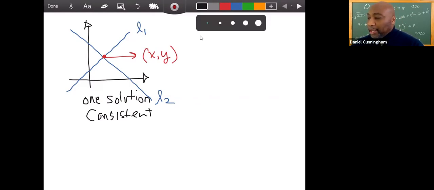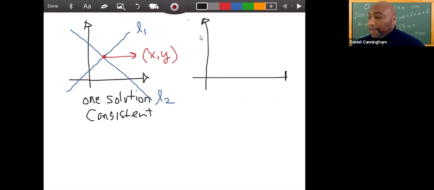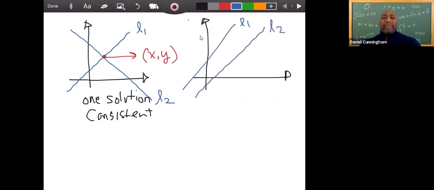The other thing that can happen is you can graph a line, let's call it L1. You can graph another line, let's call it L2. Now, these two lines are supposed to look parallel to each other. Now, since they're parallel, they never cross.